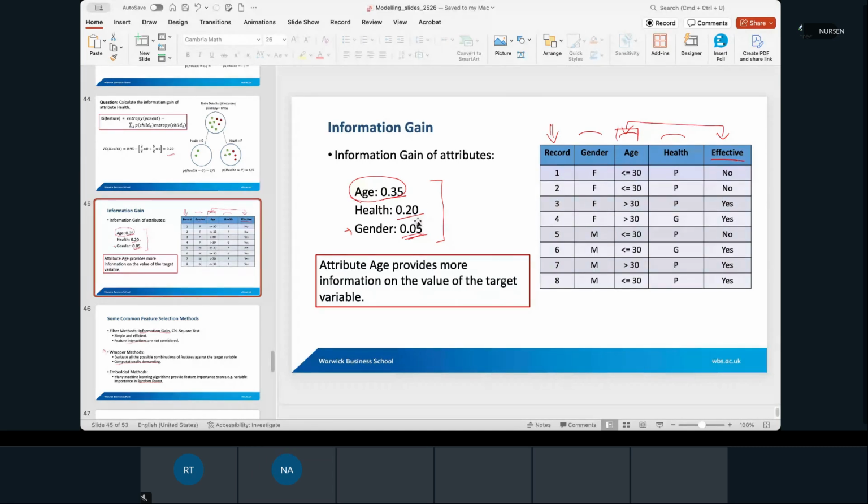Currently, we can't directly say not including gender will help. If there's a high jump, we generally cut off from the tail. But we always check what happens when we cut off from a particular value and only include the group which has information gain, let's say, higher than 0.20. So we also check how this will affect the performance.